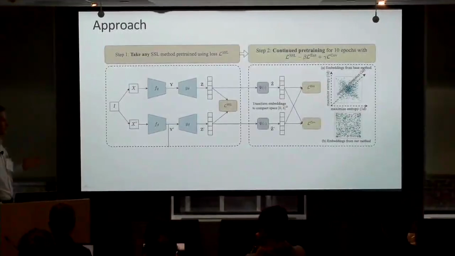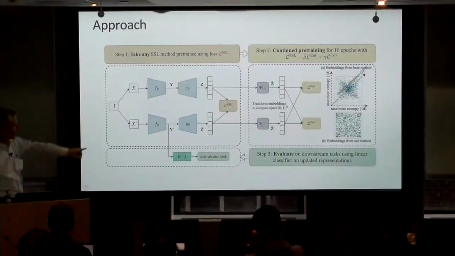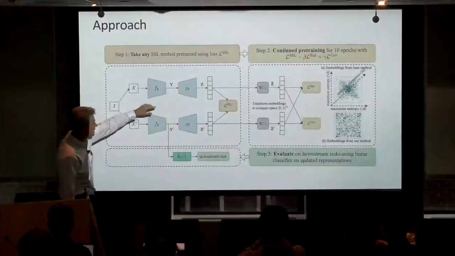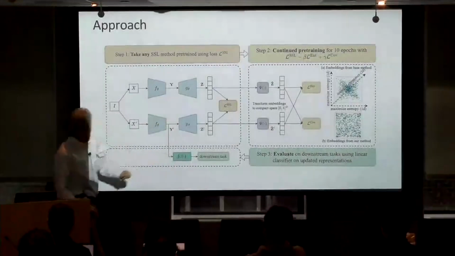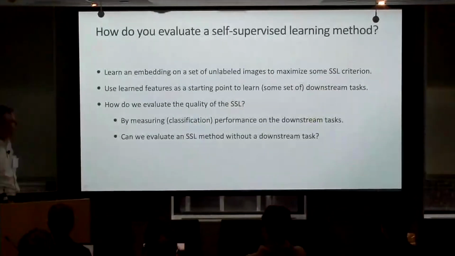And we find that by doing so, we improve performance on downstream tasks. Okay, sorry. So after doing the continued pre-training, we pull out these features and use those on the downstream task. Okay, so that's all pretty standard.